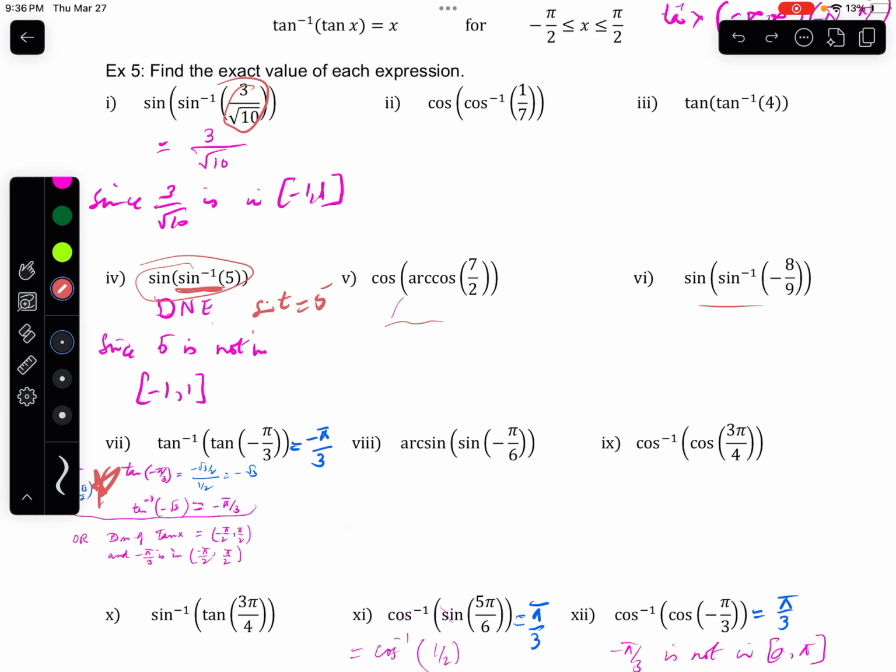Think of it like minus pi over 2 to pi over 2, and these are not included.